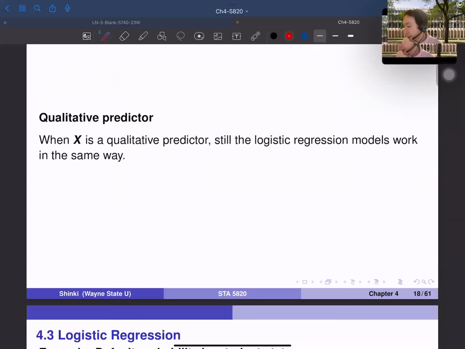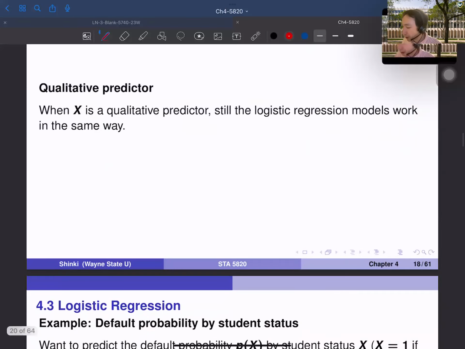And the qualitative predictor. In linear regression, if X is categorical, it does not really matter. We can do one-hot encoding. We can use dummy variables, so we can just use an indicator variable for each category of the categorical variable. We can do the same thing for logistic regression.